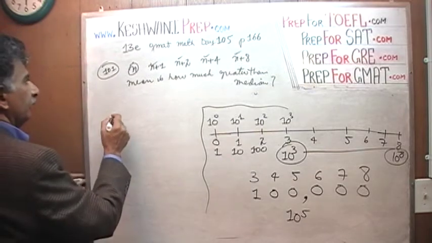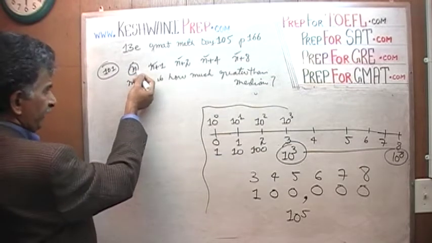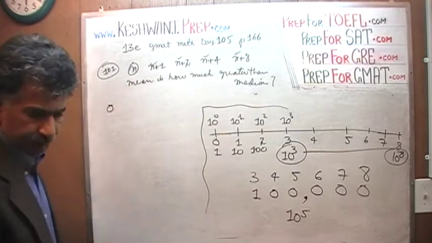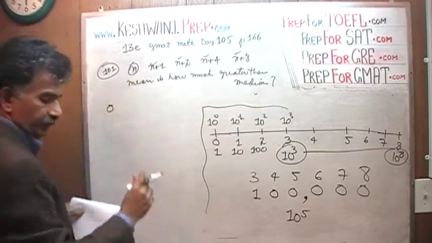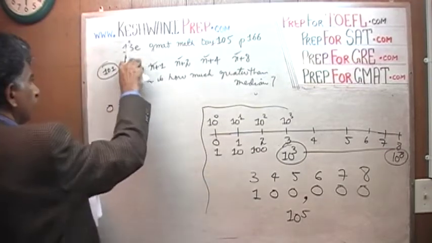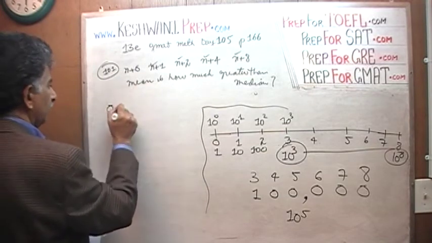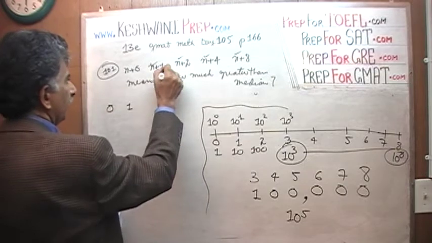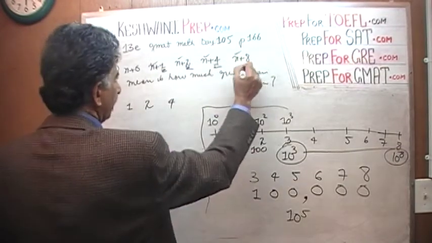So the very first one, I'm writing this as n plus 0, so it's 0. Then we have 0, 1, 2, 4 and 8.